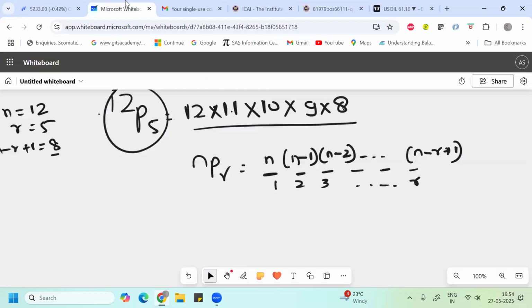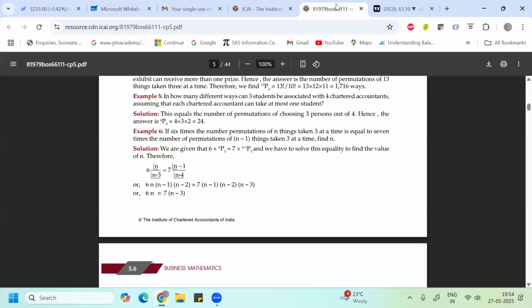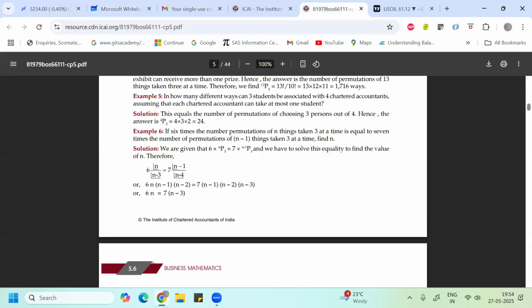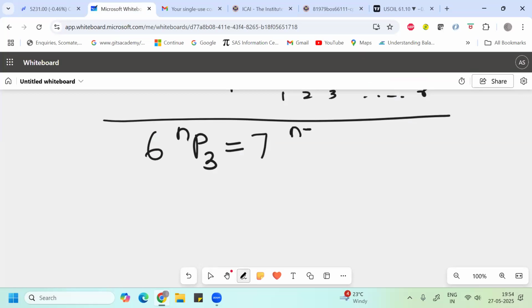So when you're solving this, what they said in the question is: 6 times nPr, taken 3 at a time, is equal to 7 times the permutation of n minus 1 things taken 3 at a time. So this you have to solve.